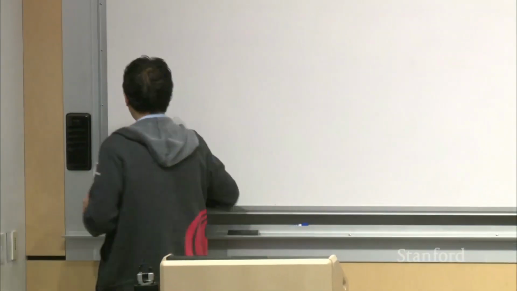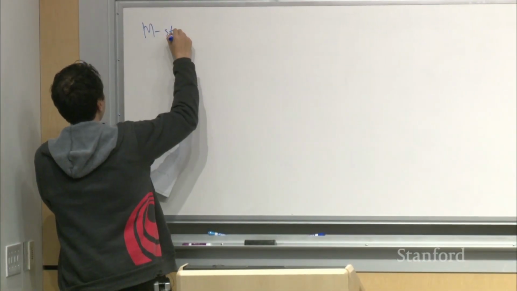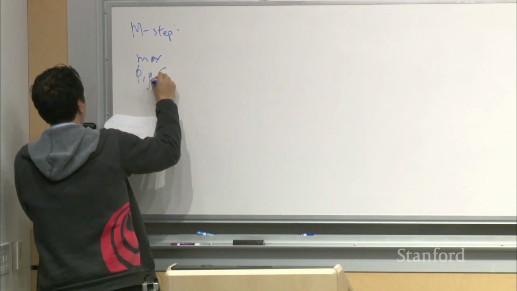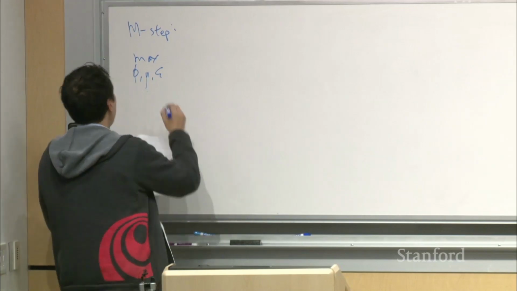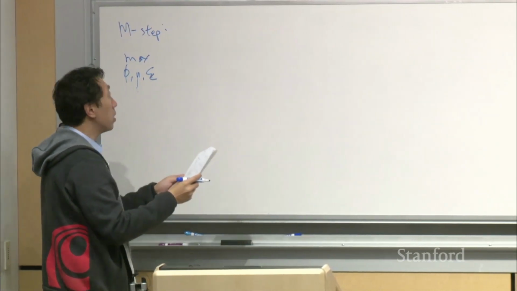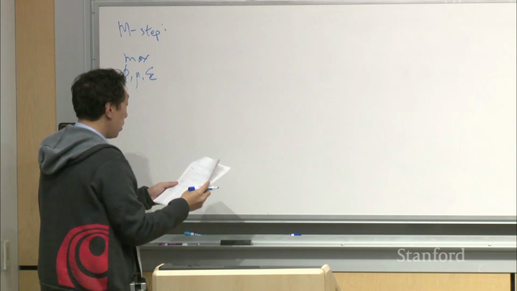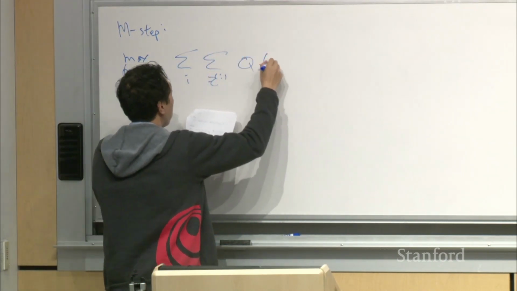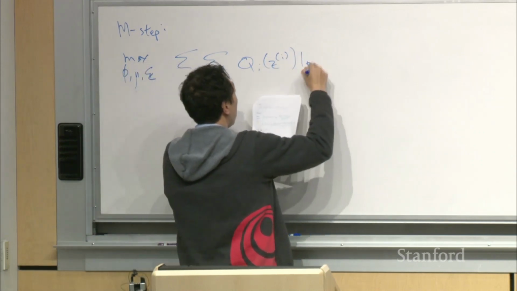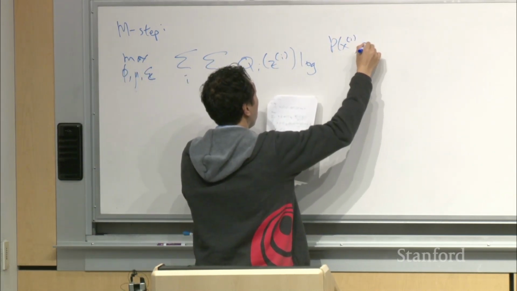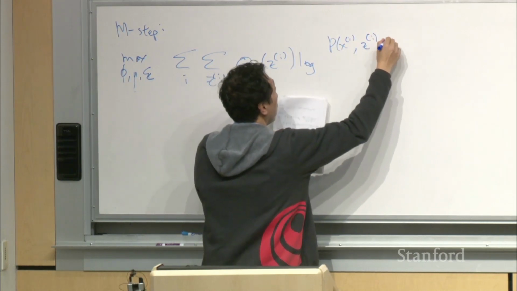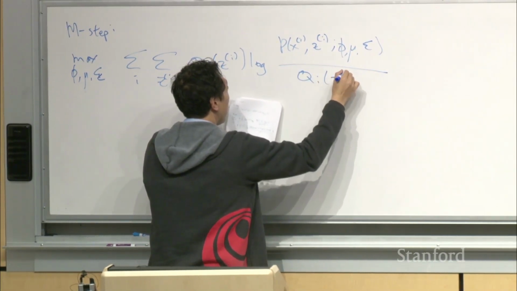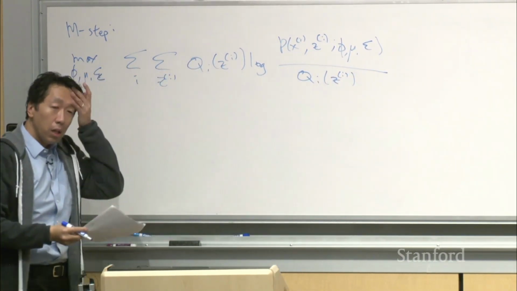And then for the M step, you would want to maximize over the parameters of the model, phi, mu, and sigma. These are the parameters of the mixture of Gaussians, of the sum over i, the sum over Zi.